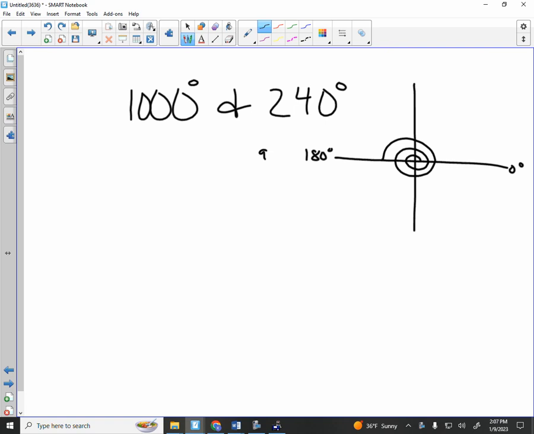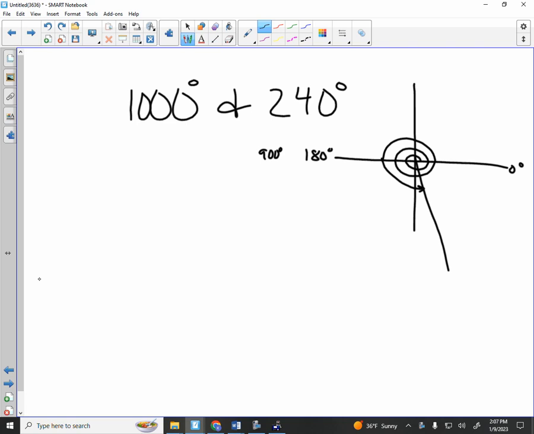So that places me at 900, and then I would go another 100 more, which brings me over to this spot. Is this in the fourth quadrant? That's in the third quadrant, isn't it?